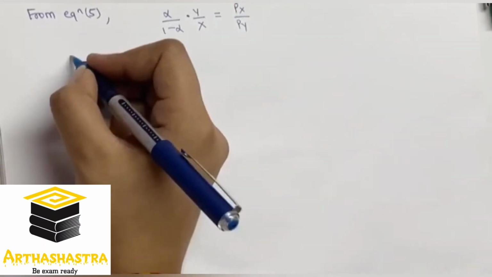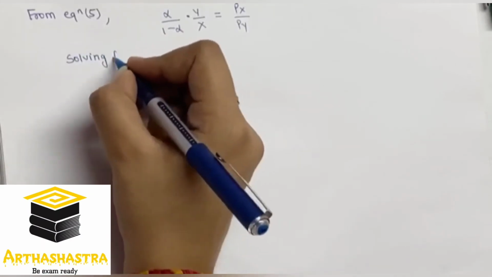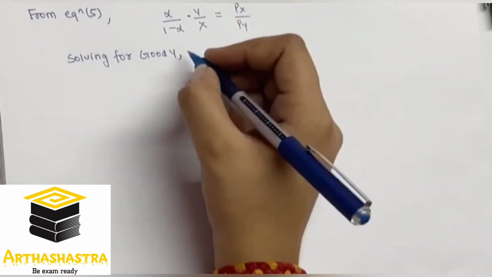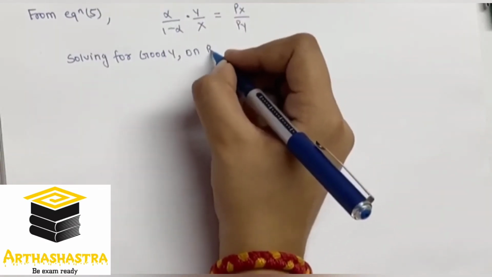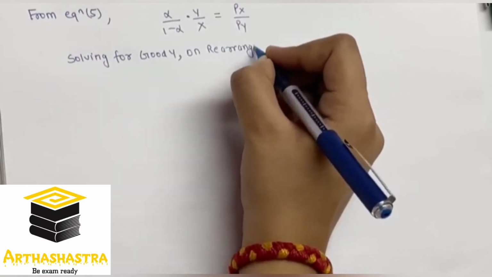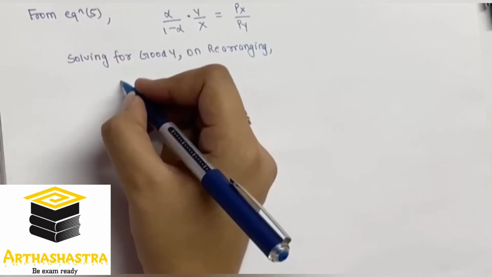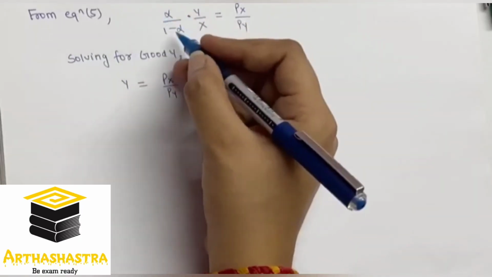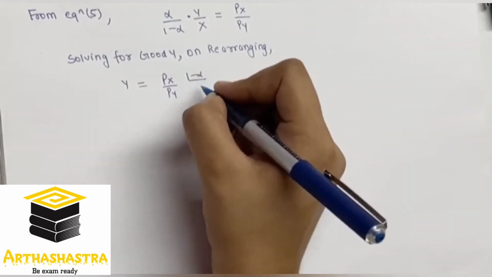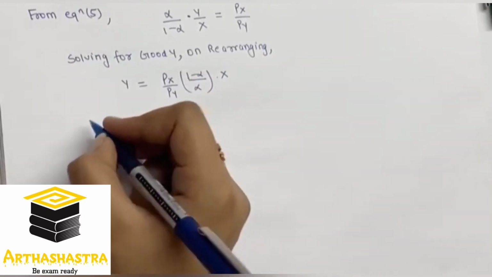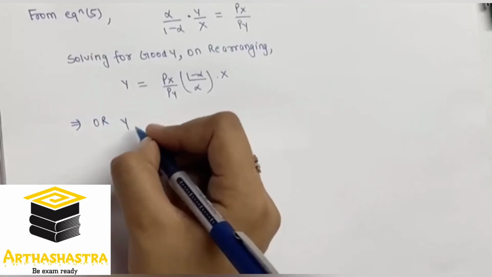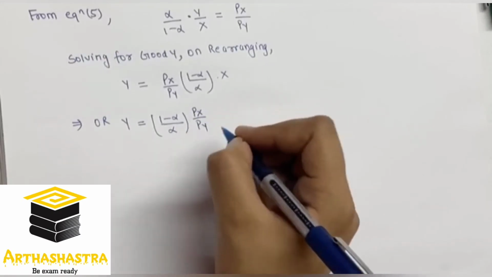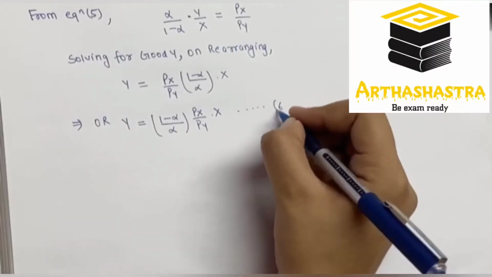So I'm solving it for y. On rearranging, the entire term comes to the other side with the reciprocal, so y is 1 minus alpha over alpha times px over py times x. This is our equation number 6.